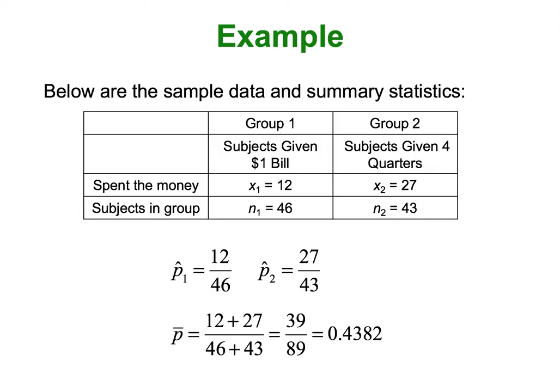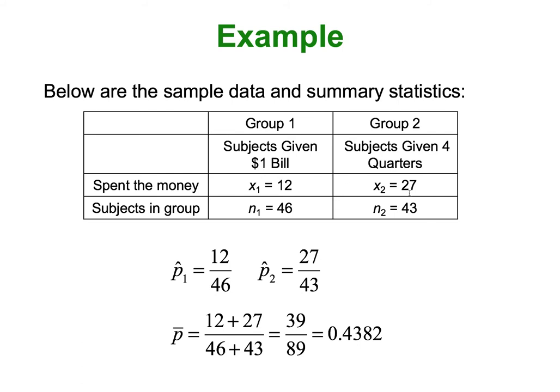Now, here's our data. We have 46, that's the sample size for the first group. We have 46 people given a $1 bill, and they had an opportunity to buy gum or mints or perhaps candy from a vending machine. 12 of them did.